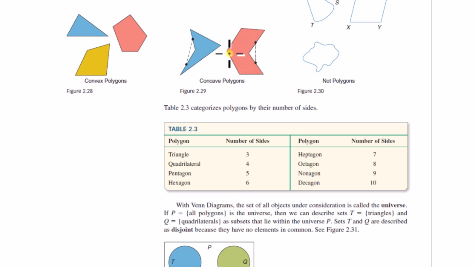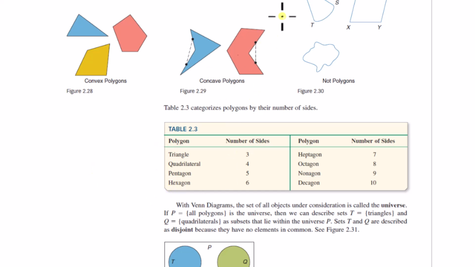This would be a concave hexagon. Now, a triangle can't be concave because it doesn't have enough sides. We know that it's not possible to have a triangle with a reflex angle for an interior angle. So in general, you would call this a concave hexagon. This is a hexagon.